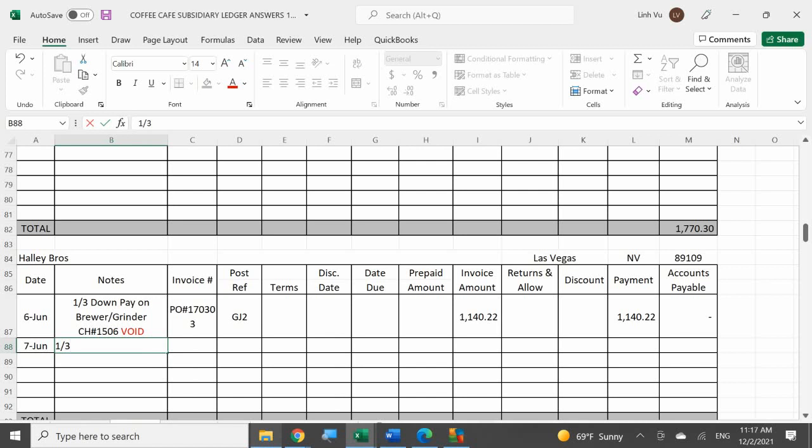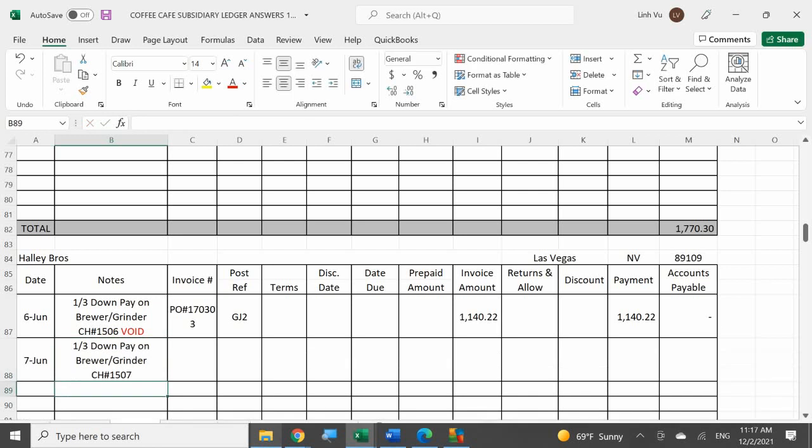And this time it's 1/3 down pay on brewer/grinder. But this time I issued check number 1507. Okay? Because the first one said I voided it. And this time this is purchase order number 17303R because I revised it.